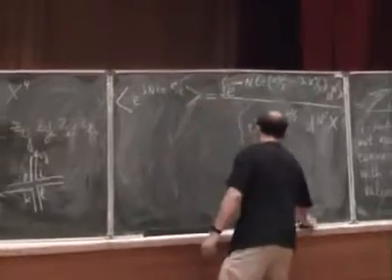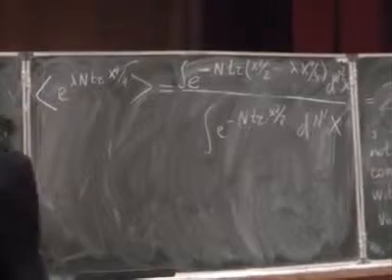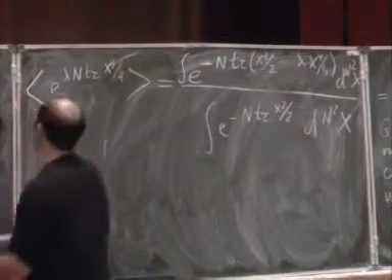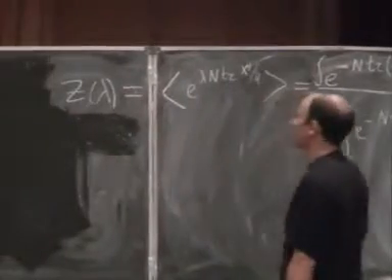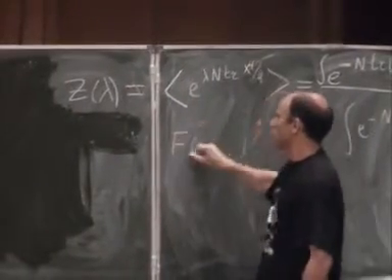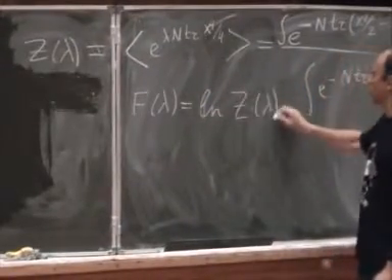And okay, problem for you to do. I call this Z of lambda, and I call F of lambda the logarithm.